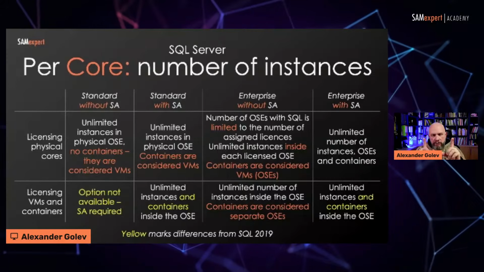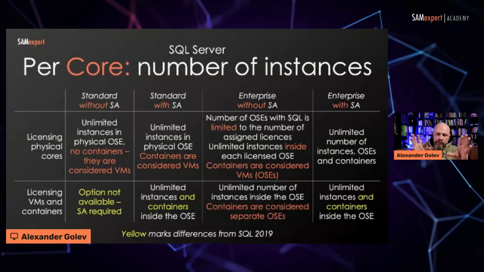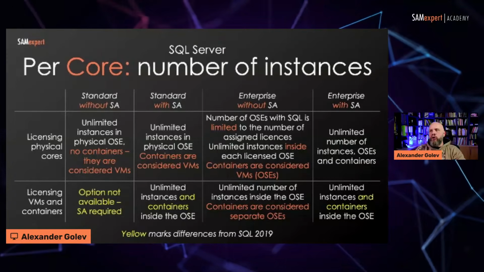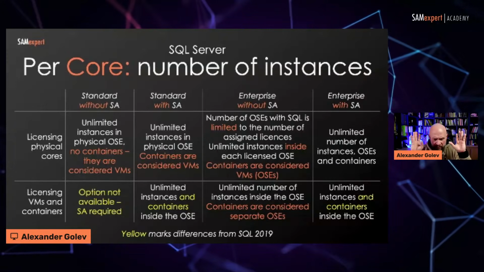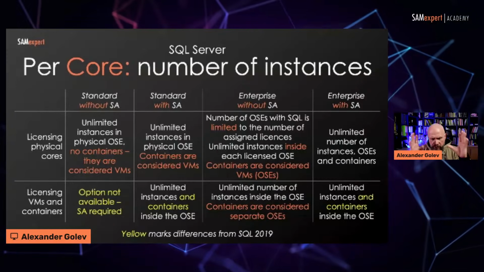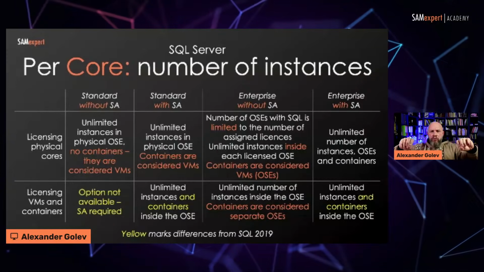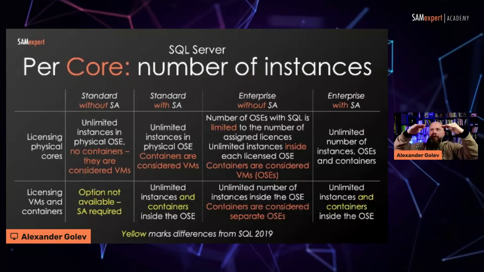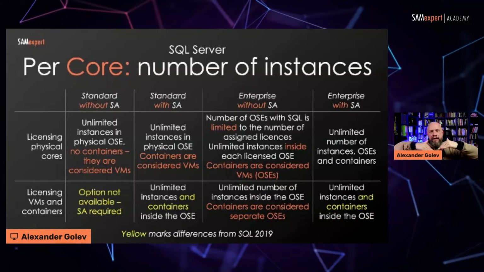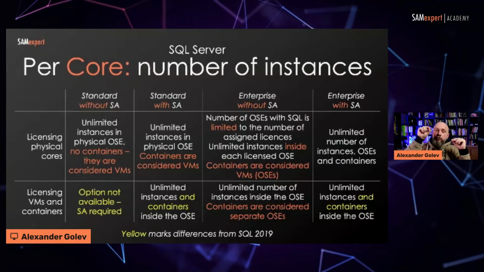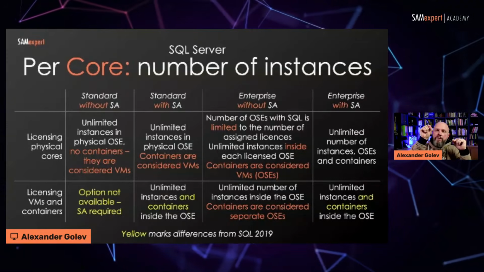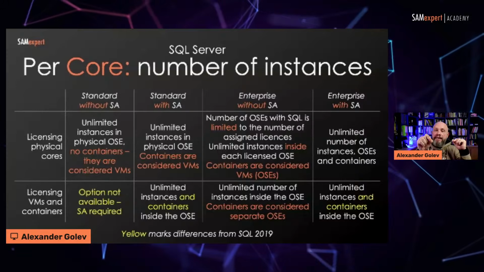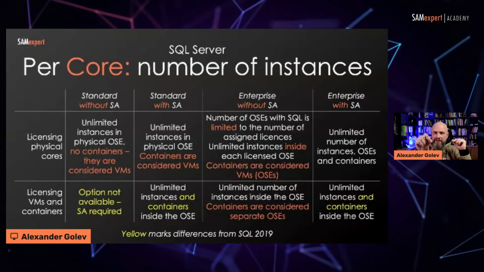That is true when you have software assurance. It's truly unlimited. You don't need to count containers. You don't need to count virtual machines. When you have software assurance, you license on the physical cores, and then you can run any SQLs inside that host.